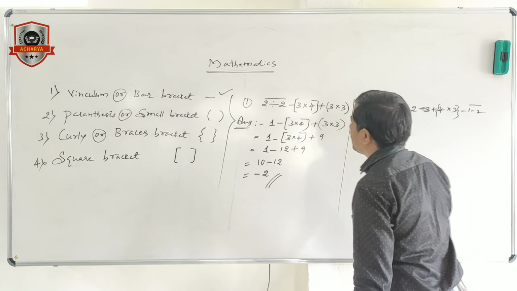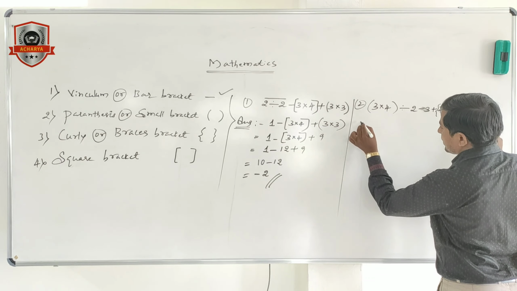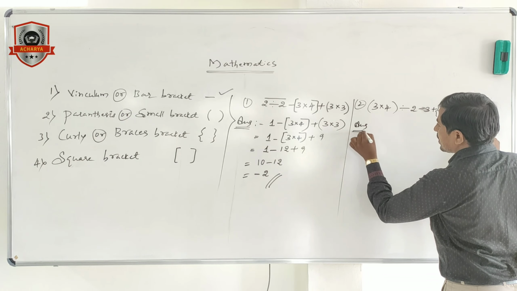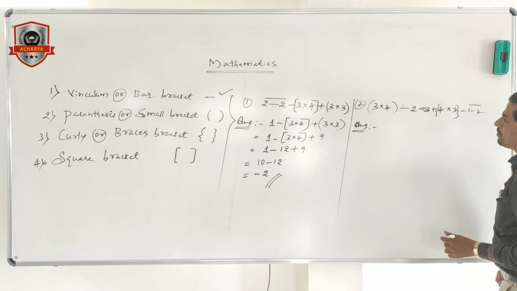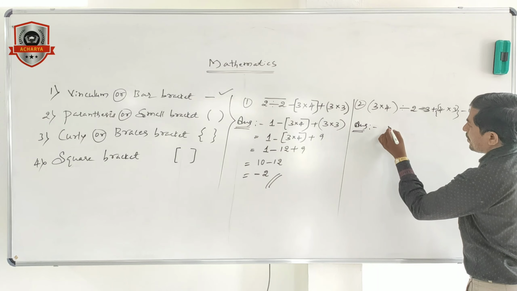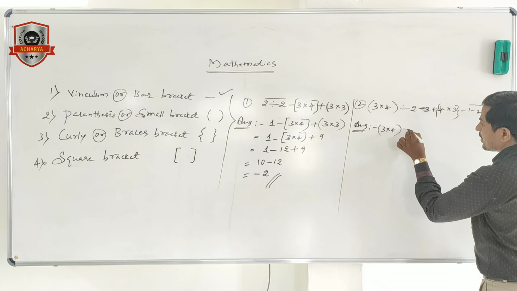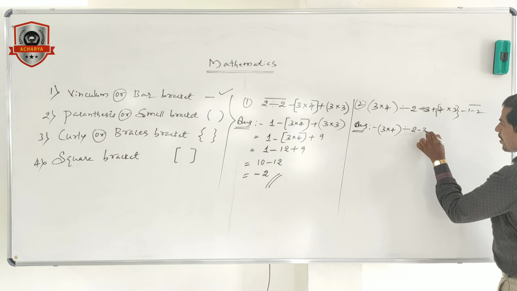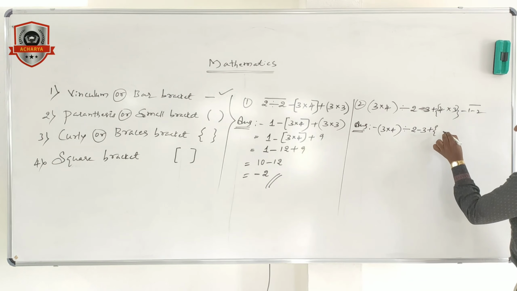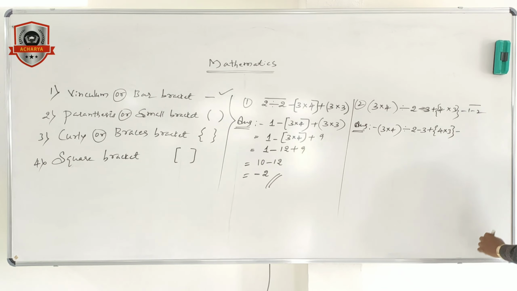First you check your problem, is there any bar bracket? If you have, first you solve that one. The remaining elements write as it is. 3 into 4 in bracket divided by 2 minus 3 plus, in flower bracket, 4 into 3, minus 1 minus 2 is what?